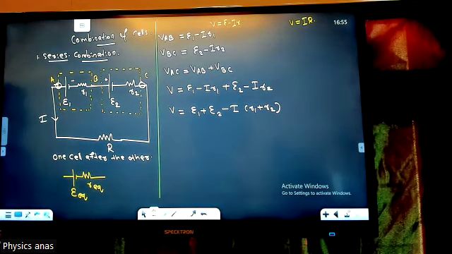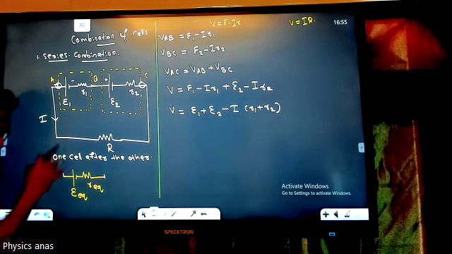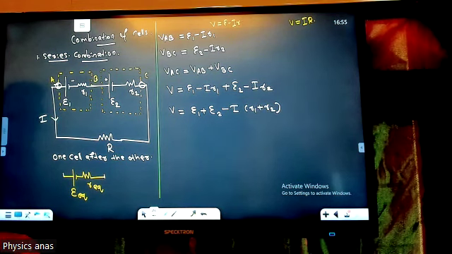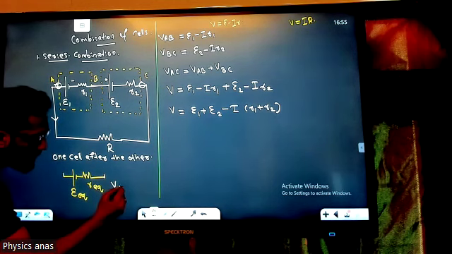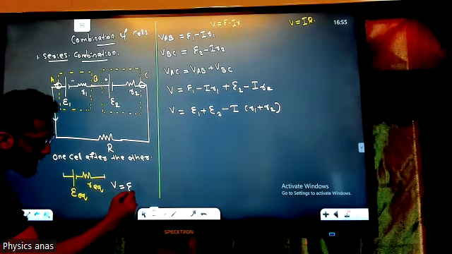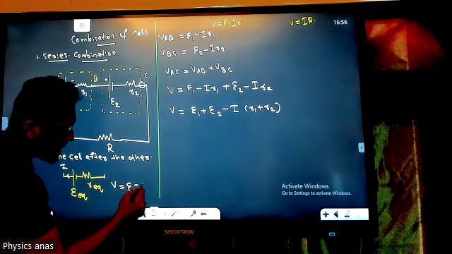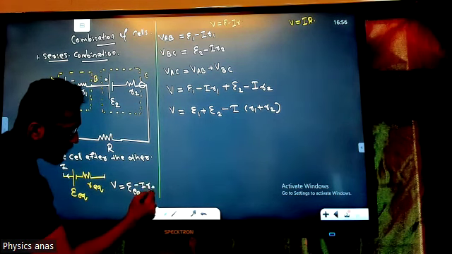This is like this. What will be the equation of this case if we are considering this EMF as equivalent EMF and internal resistance as equivalent internal resistance? The equation here will be V is equal to E equivalent minus I into R equivalent.